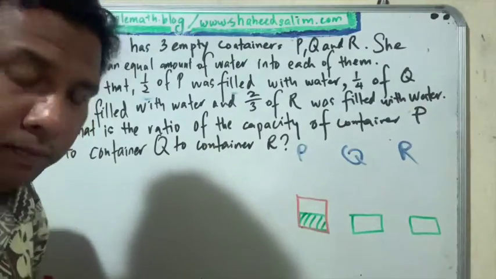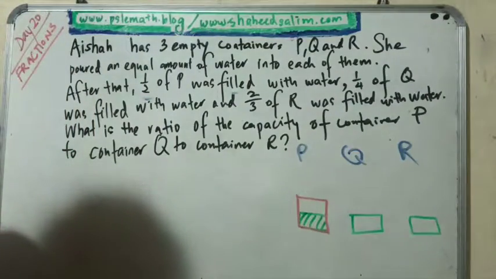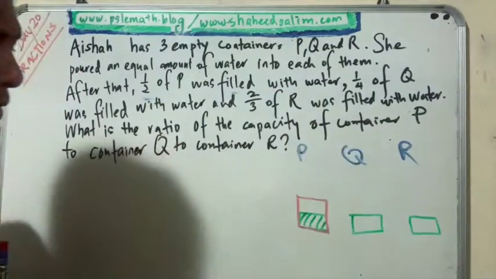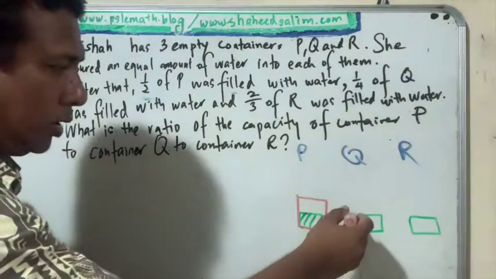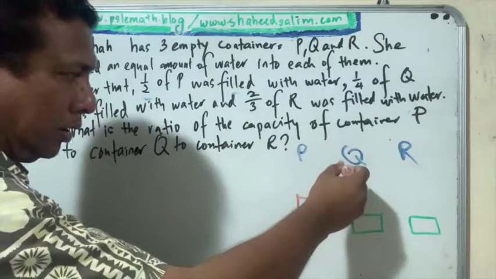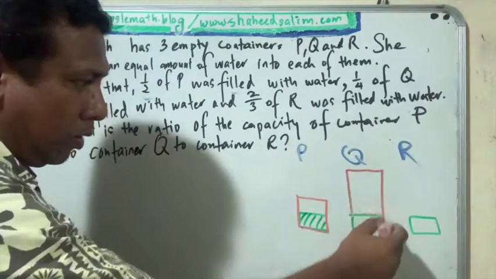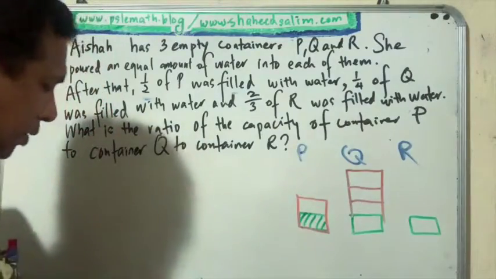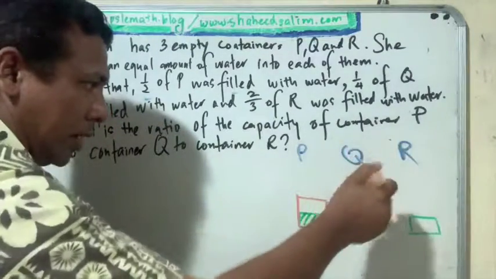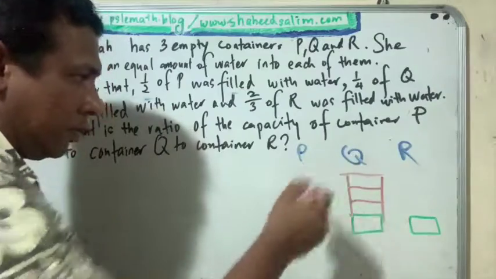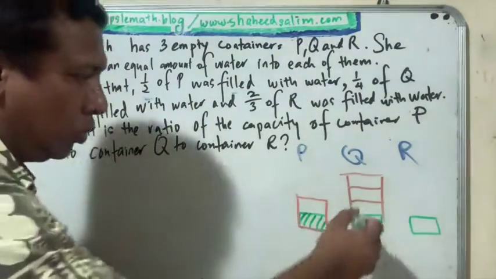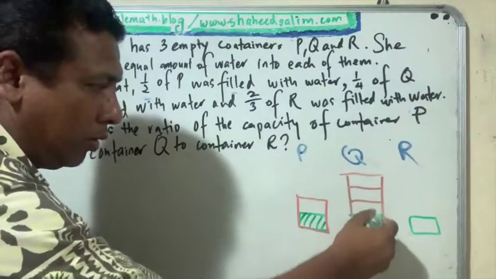You get it? Now, for Q, it was discovered that 1/4 of it was filled with water. So if this is the container, and you can divide it into 4 parts, and the last part is the water, then container Q was 1/4 filled with water.